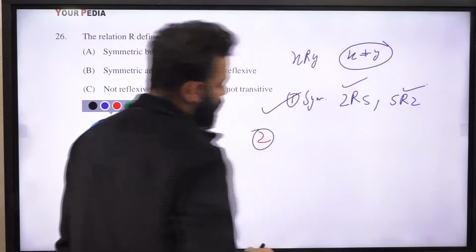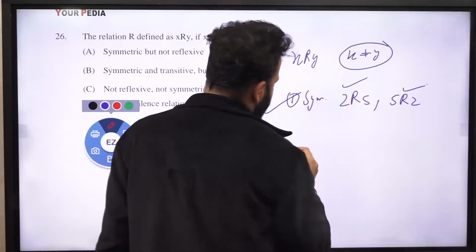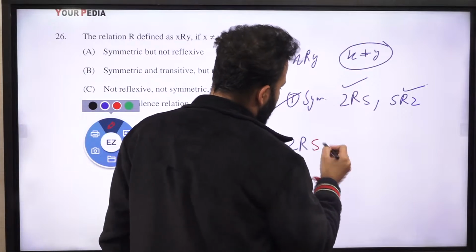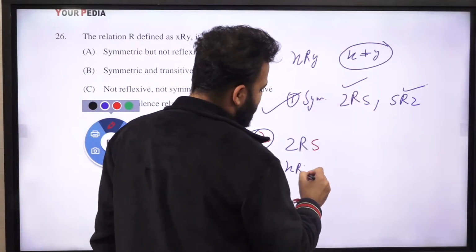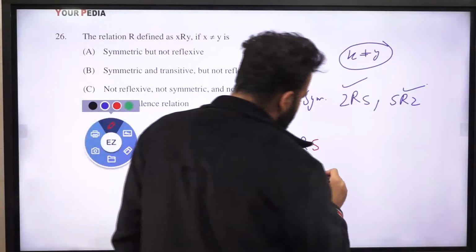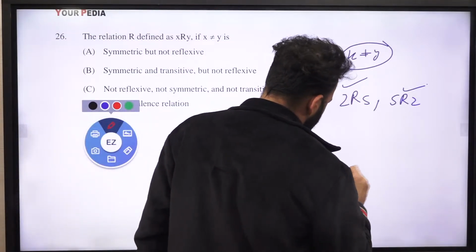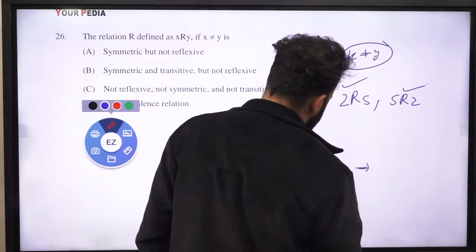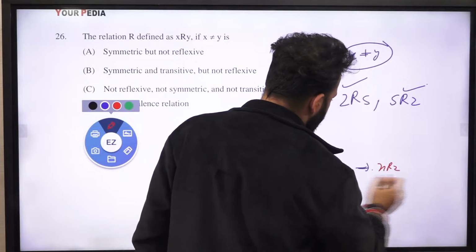Let's check about transitive. Now what is the property of transitive? If X R Y is present and Y R Z is present, then X R Z should also be present.